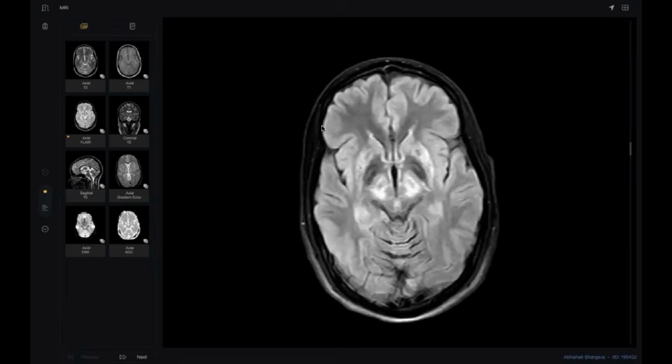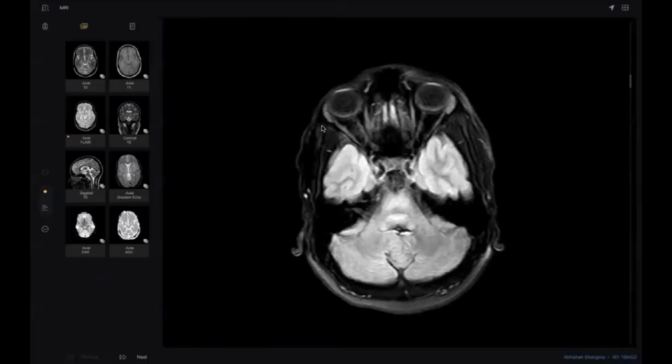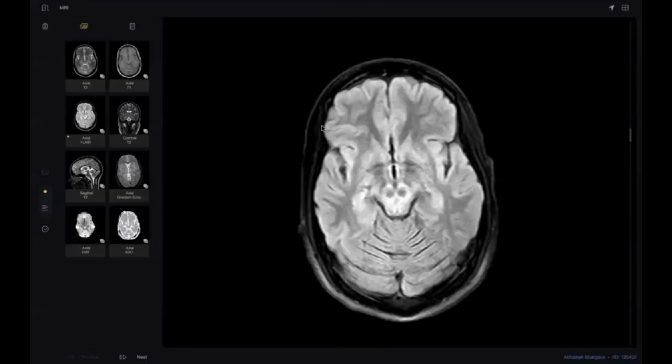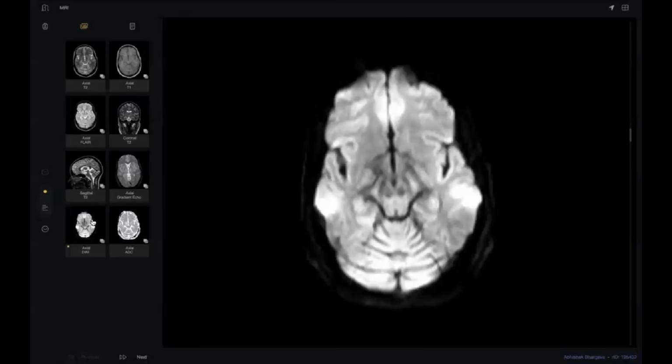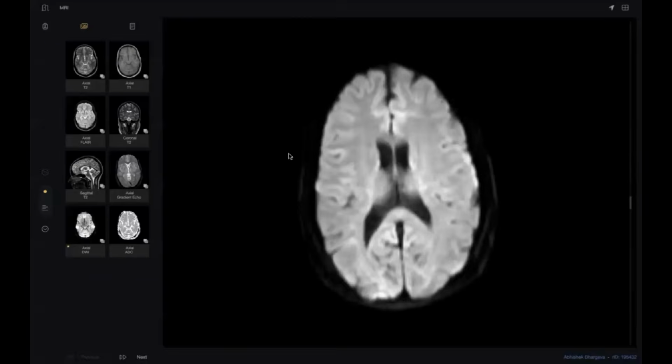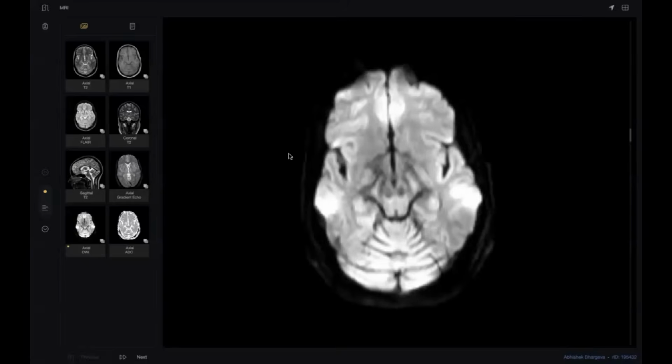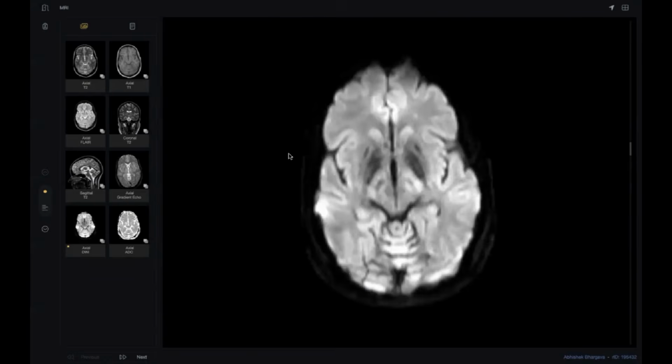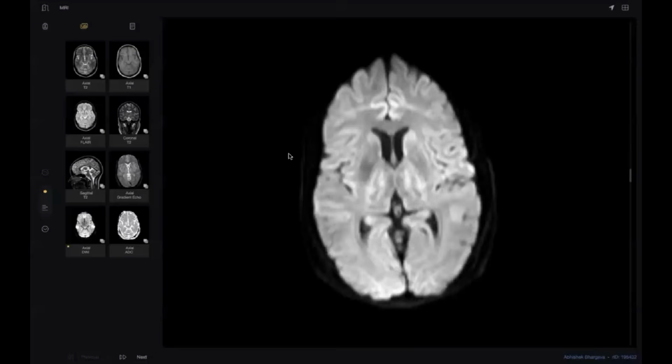There is also a signal abnormality. Can I check the diffusion, if there is any diffusion restriction? Okay, no obvious diffusion restriction.